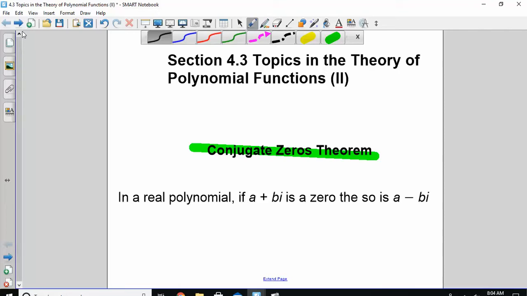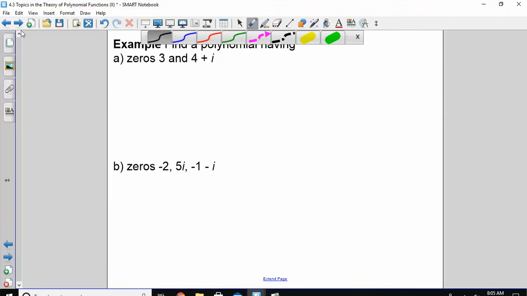So our first example, we're just going to write a polynomial to meet these requirements. I want to find a polynomial that has zeros of 3 and 4 plus i.